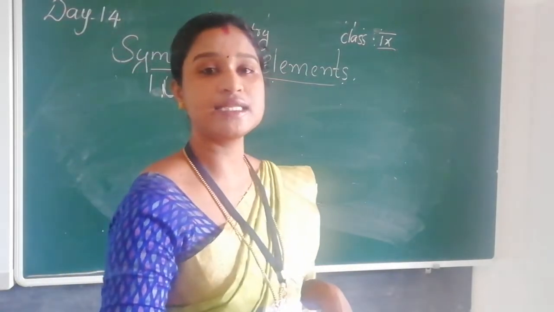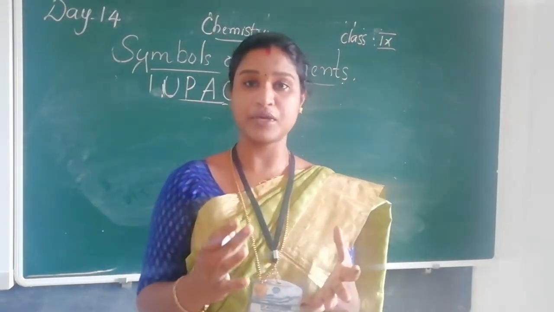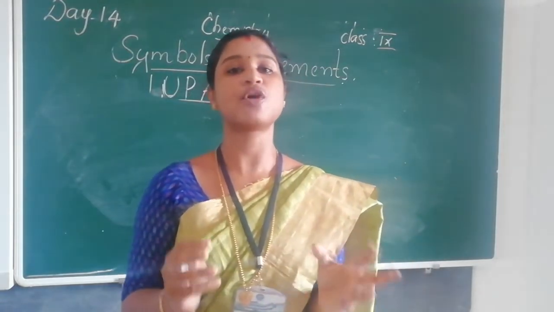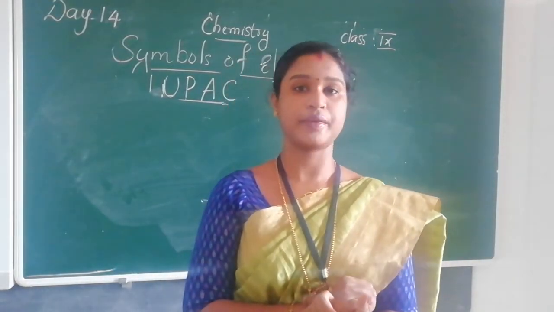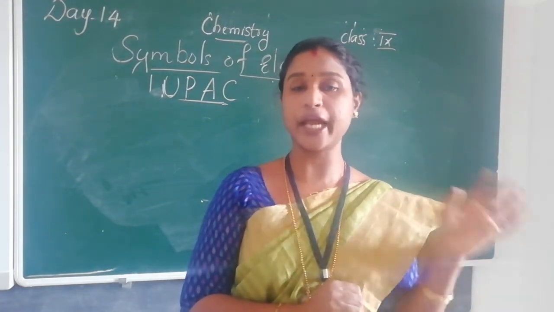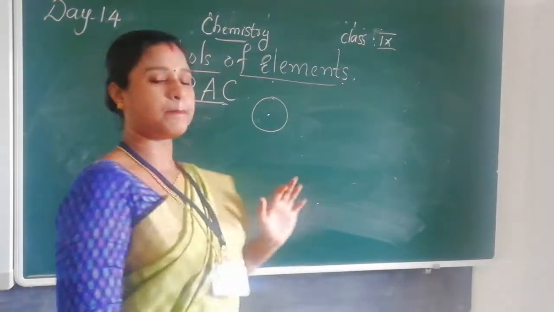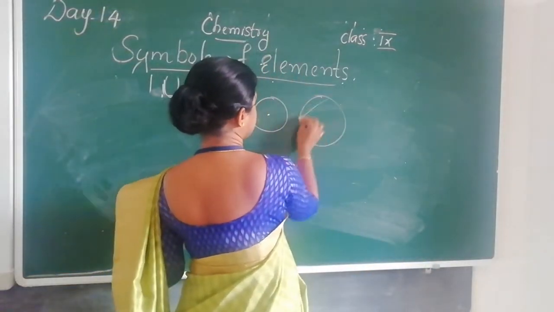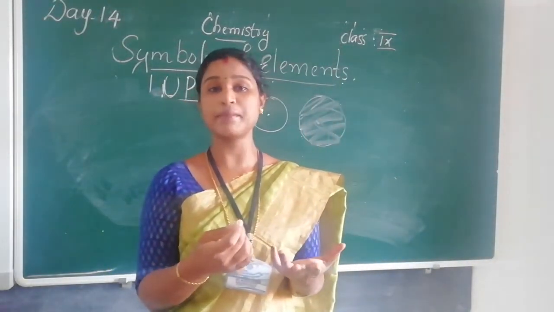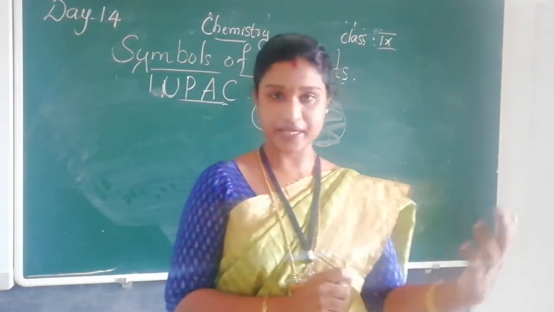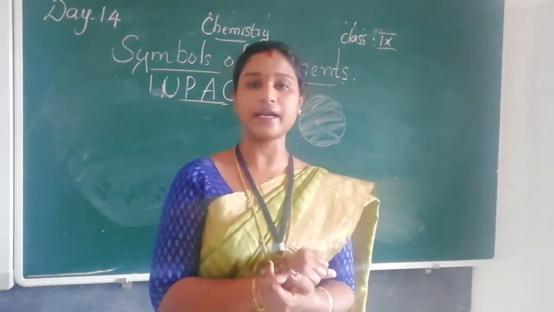The same way, when you consider an element, it can be very easily represented by means of certain letters, one or two or three letters, and this is known as a symbol of an element. Earlier, Dalton proposed symbols for elements: hydrogen was represented as a circle with a dot at the center, and carbon as a circle with the whole area shaded. These were the earlier symbols adopted to represent an element, but they were not at all reliable, so they were discarded.